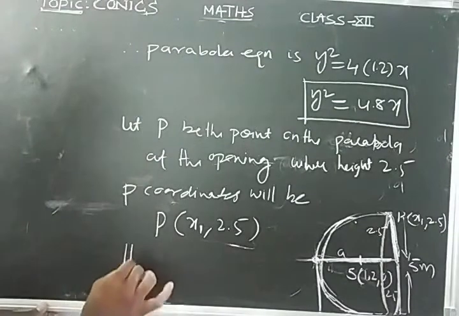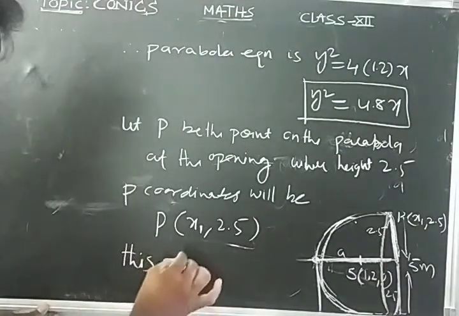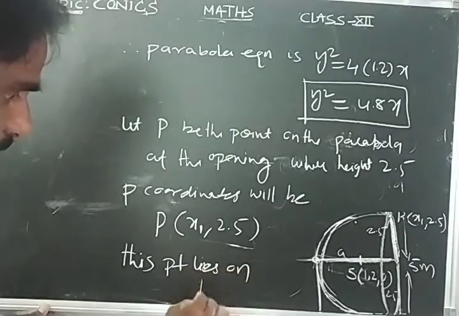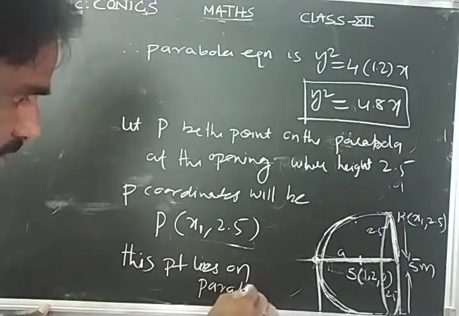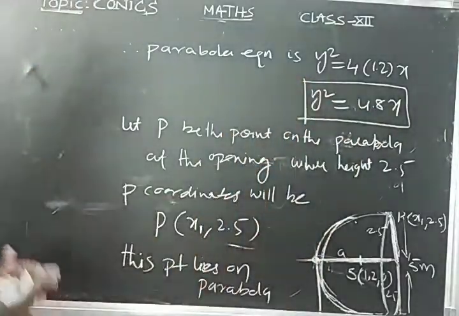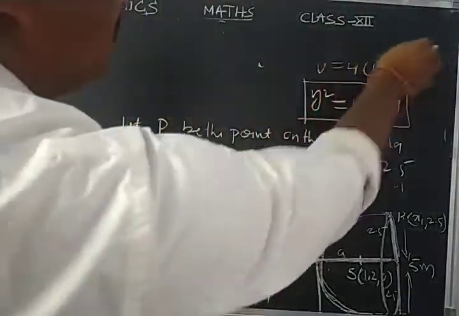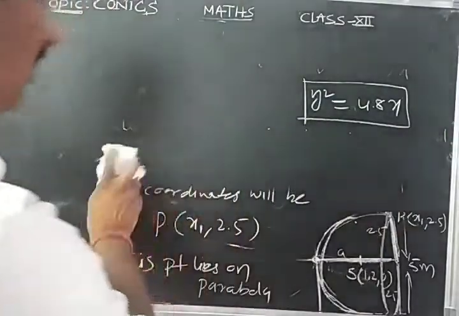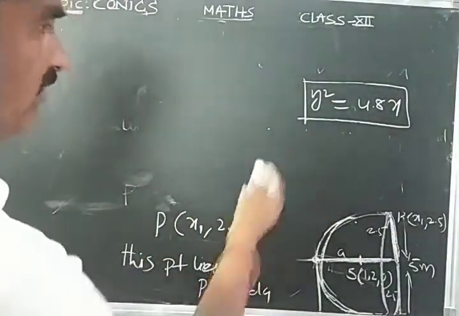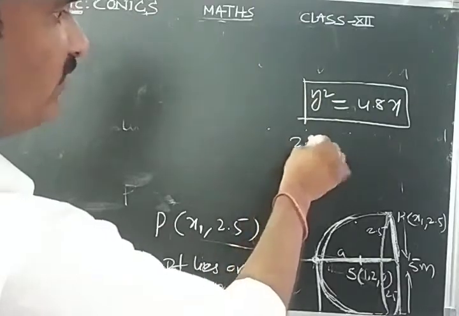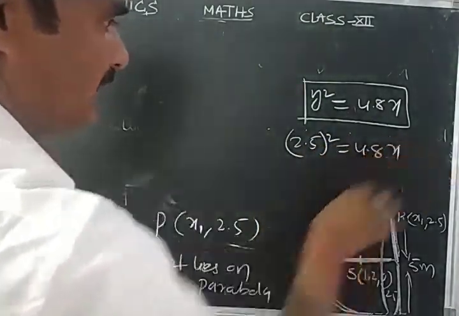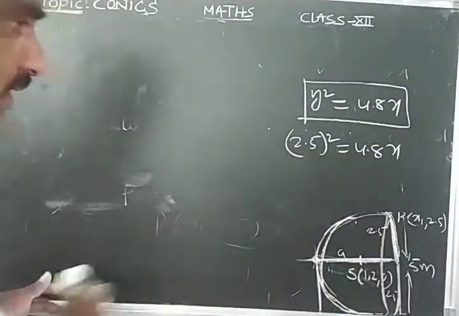This point lies on the parabola, so I am going to substitute this point in the equation. Y value 2.5, 2.5 whole square is equal to 4.8 into x1.